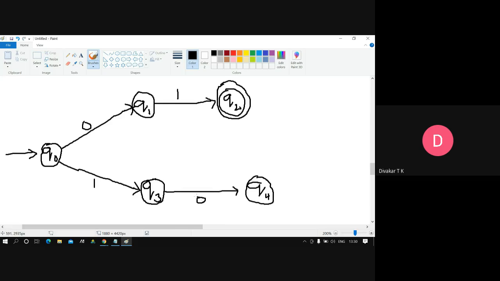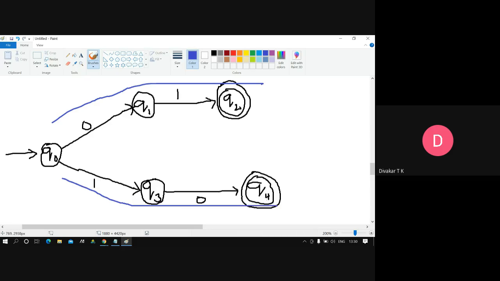There are two ways now, one is 01, another one is 10. So we are always supposed to end it here. Okay, q3, q4.